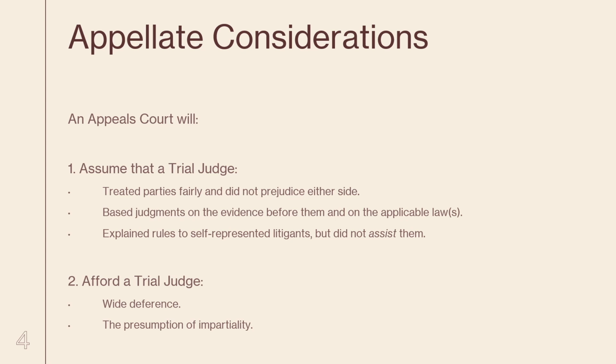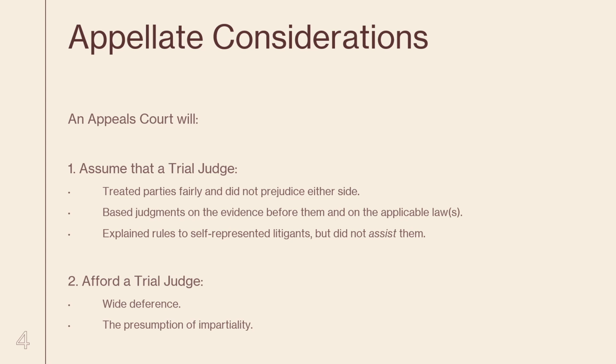So speaking of appeals, let's say that you had a matter that concluded at trial, and that you received a judgment for this. Let's also say that you have a belief that bias affected the trial and the subsequent decision. What are some things that you should be aware of if you want to appeal the decision? You first need to be aware that the appeals court will assume a few things about a trial judge.